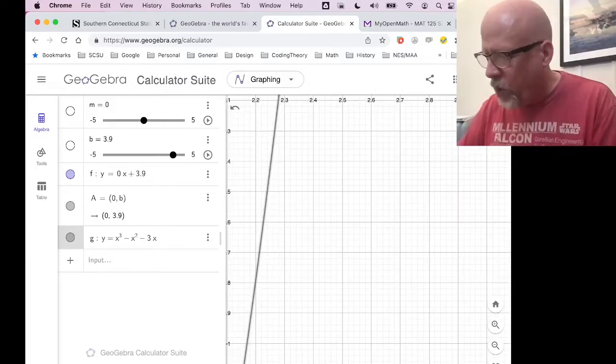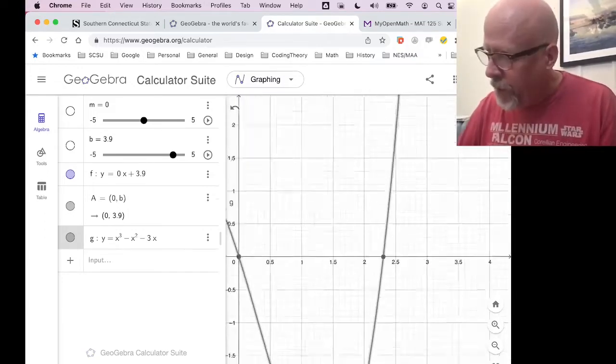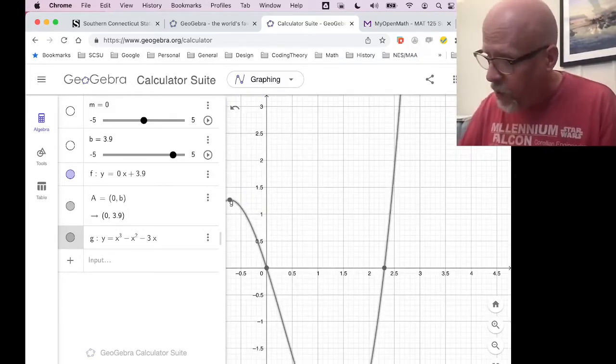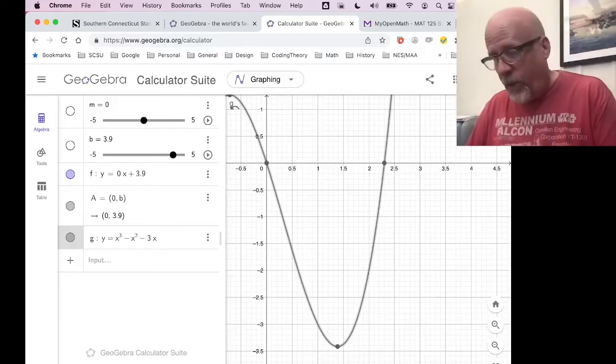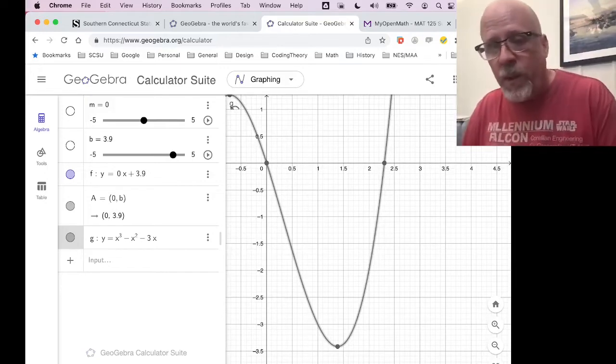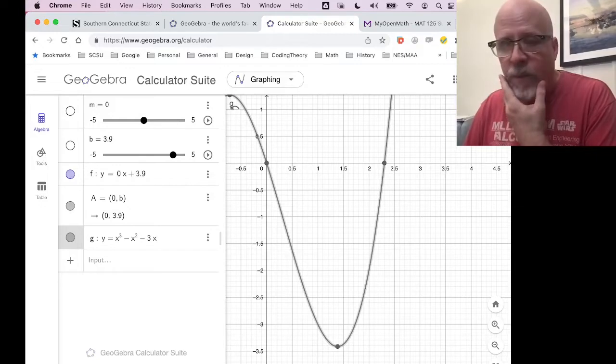Do you see how what used to be a curvy looking thing is now looking like a straight line? That's the feature, actually, of most things in geometry. If you've got a mathematical function and you look at it close enough, it'll look just like a line. And that's really kind of the key to calculus.